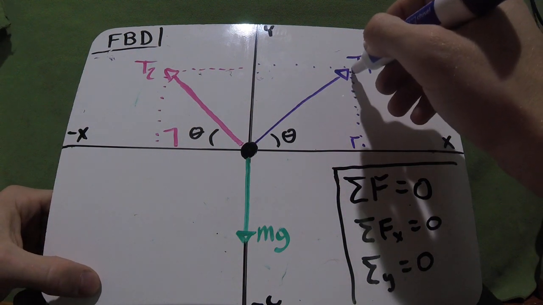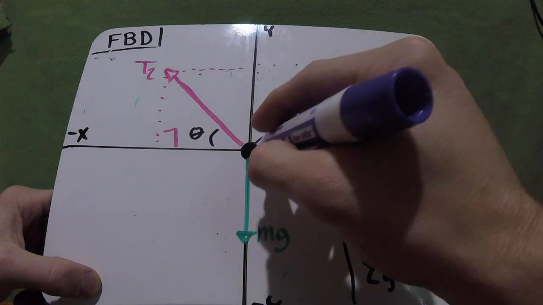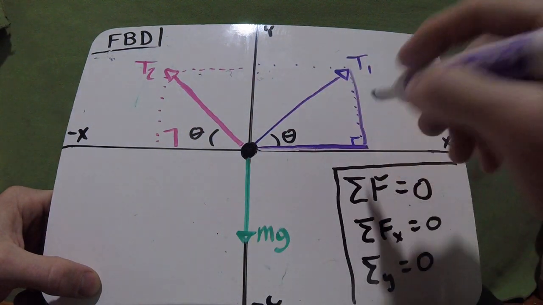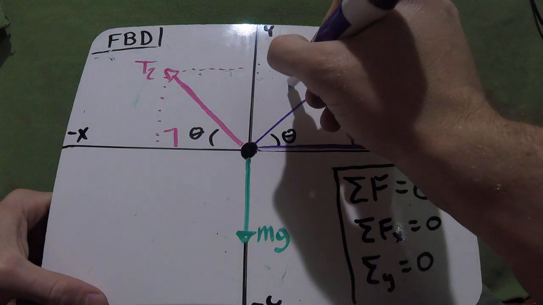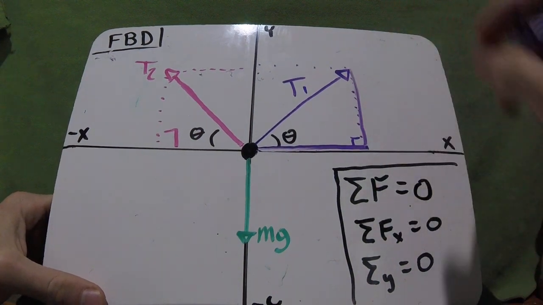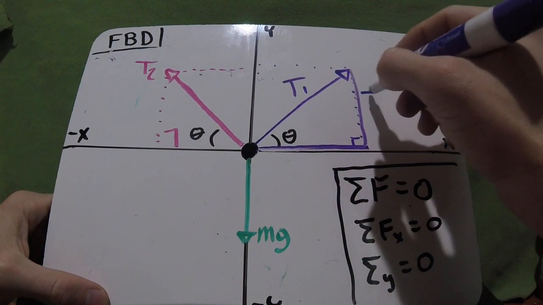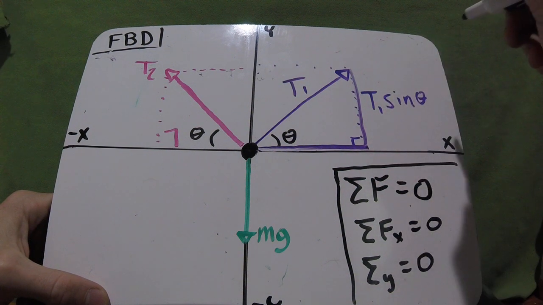If this is our triangle, and I'm just going to draw it in hopefully bold, if this is the triangle I'm trying to work with right here, and this is length T1, then I can define this side as T1 sine theta.